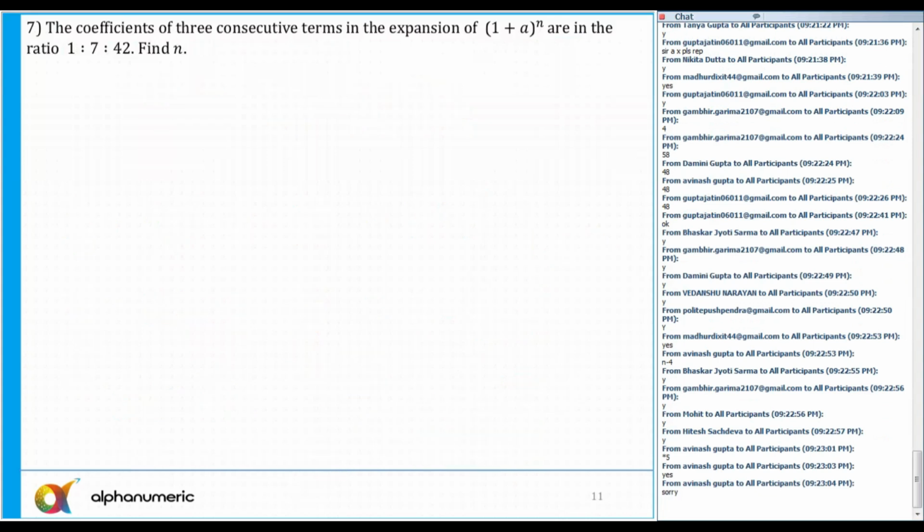Now try this. It says the coefficients of three consecutive terms in this expansion are in the ratio 1 is to 7 is to 42. Find the value of n.